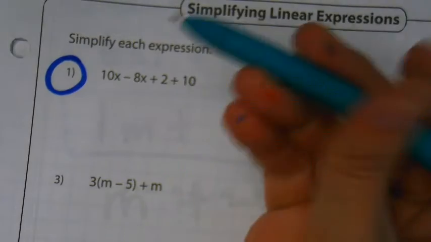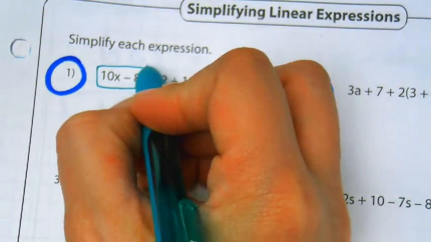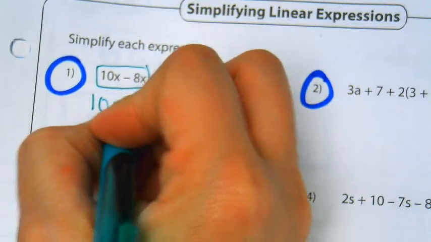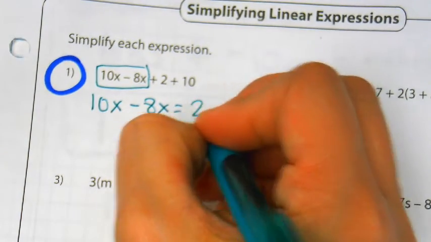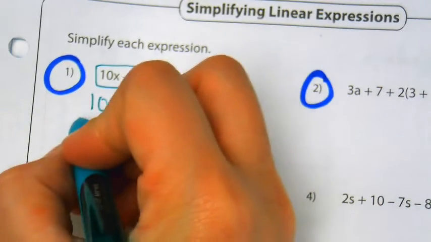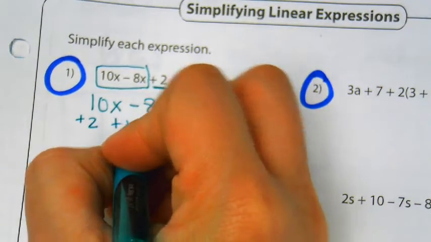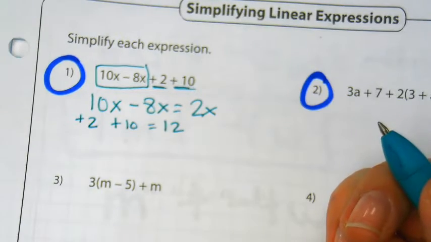I got to put these 2 together first, right? So what is 10x minus 8x? 2x. All right. Then I have the plus 2 and the plus 10. So plus 2 plus 10, 12. And that's 12, right? So what's our final answer all put together?